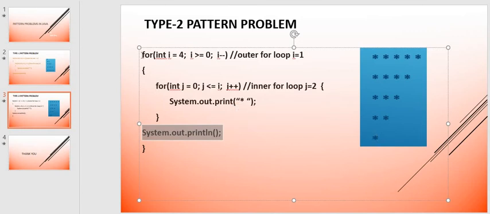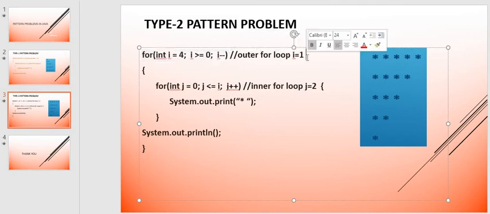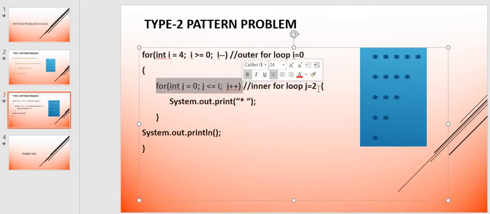Okay. So we'll come back again to the outer for loop where the i value will get decremented again. i value will become 0. Now 0 greater than or equal to 0. Condition is true. Then in this inner for loop, we have j value reset to 0. Now j equal to 0, 0 less than or equal to 0, condition true.